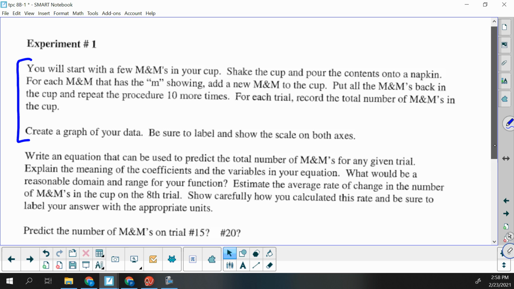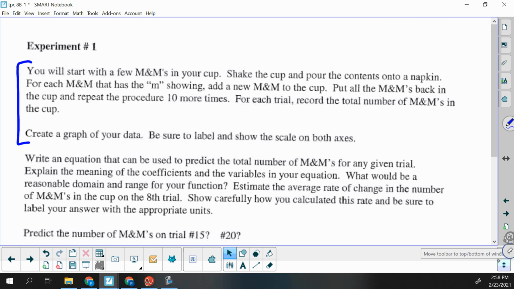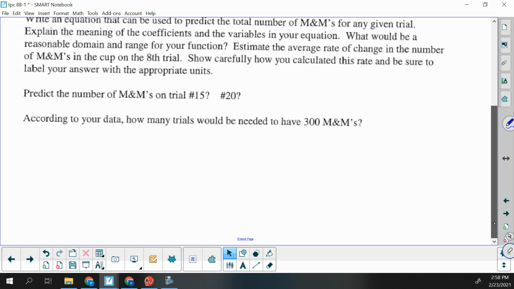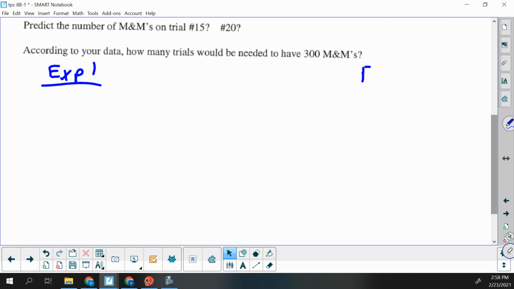On a separate sheet of paper, you're going to have to make a t-table. So if you need to pause the video for a second to take out a separate sheet of paper, and you'll need this for experiment 1, experiment 2, you're going to need almost a full sheet. So don't just put it somewhere in the packet, actually get a separate sheet of paper. So once you have that separate sheet of paper, I want you to label experiment 1 and experiment 2.